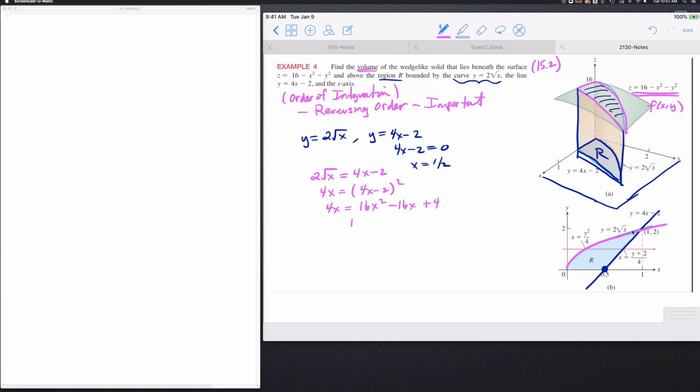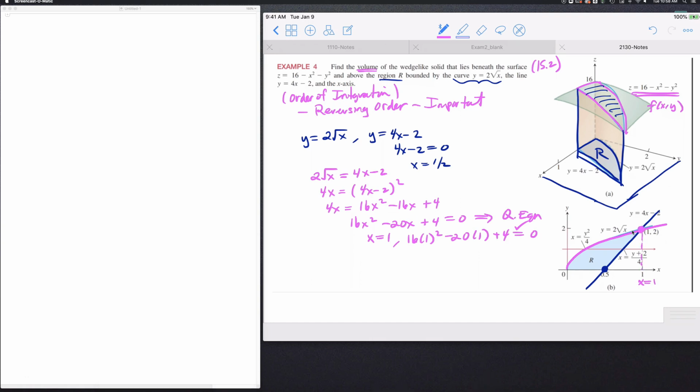That would lead us to 16x squared minus 20x plus 4 is equal to 0. And you could use the quadratic equation and figure out that when x is equal to 1, that would be 16 times 1 squared minus 20 times 1 plus 4, that does in fact equal 0. So that's why we are seeing these graphs intersect at x is equal to 1.